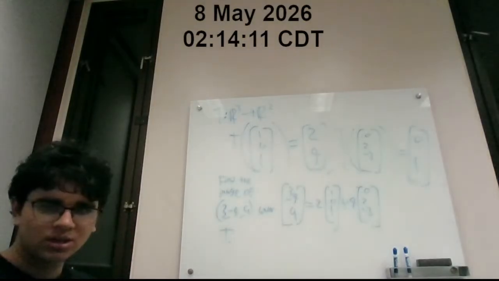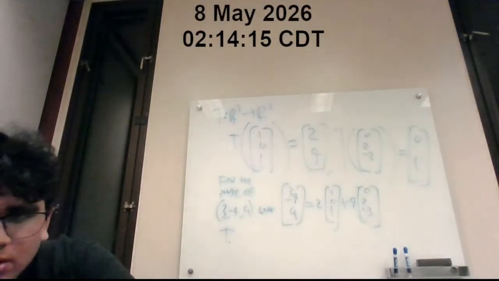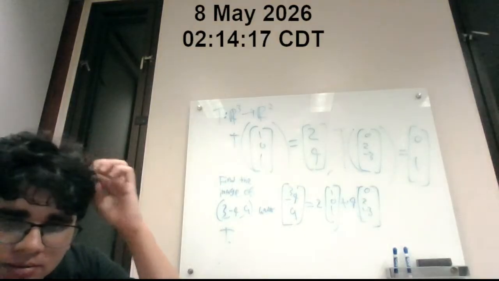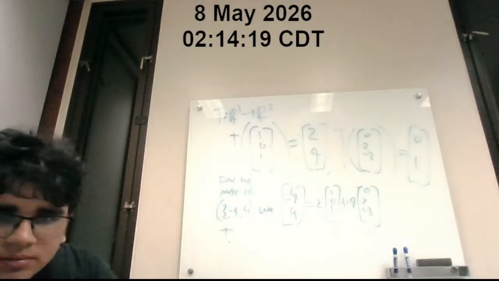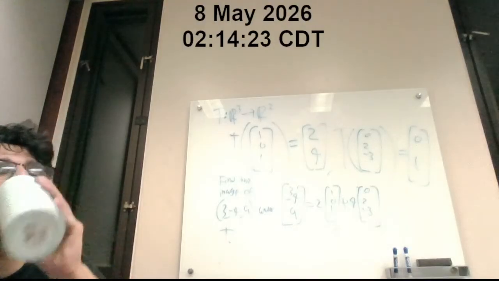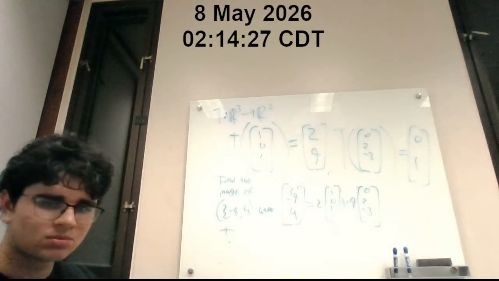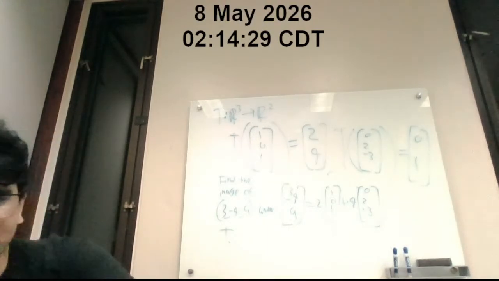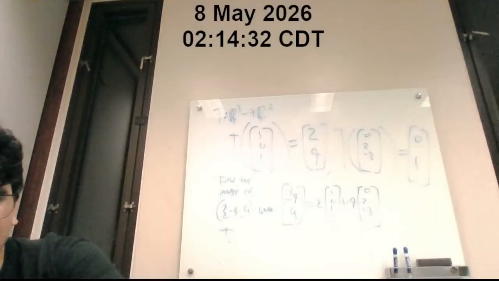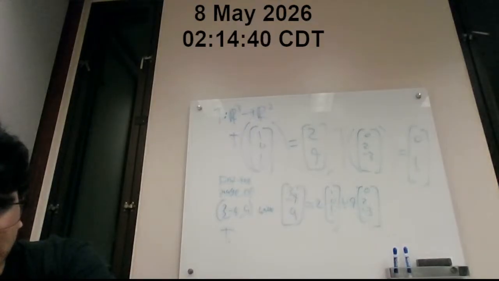So yeah, it's a linear combination of (1, 0, 1) and the other vector. Oh, I forgot you have 2 rotational. Okay.